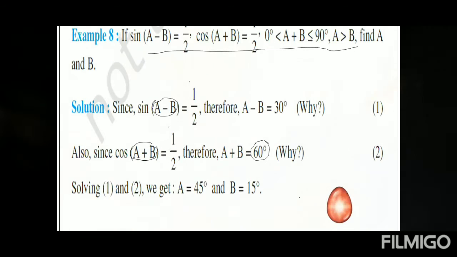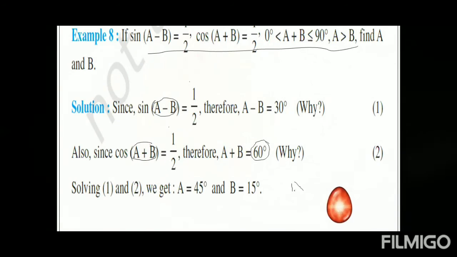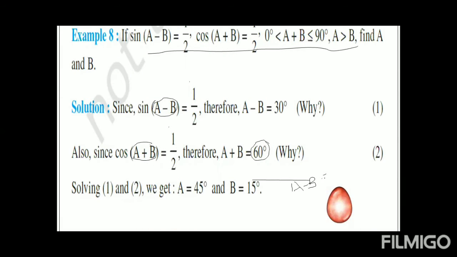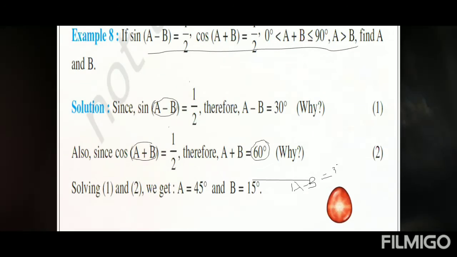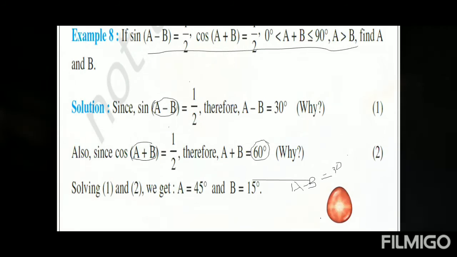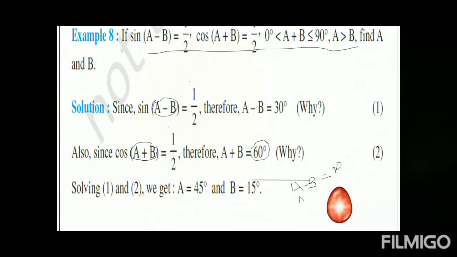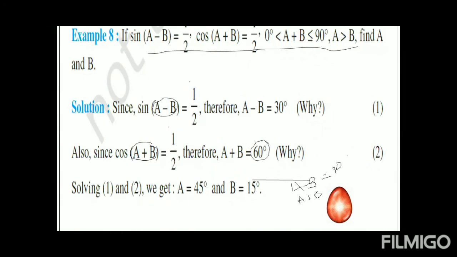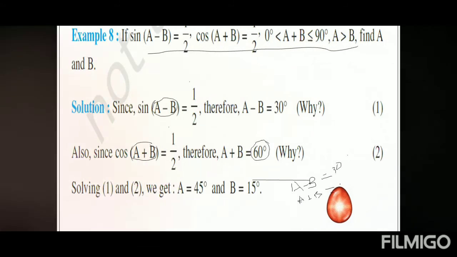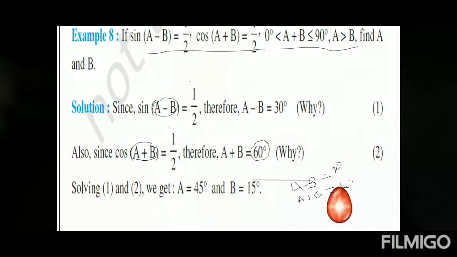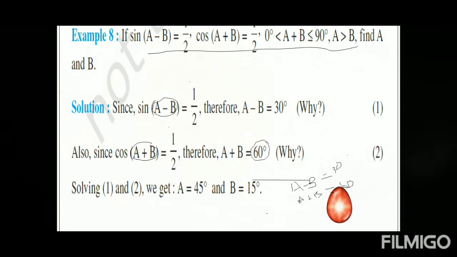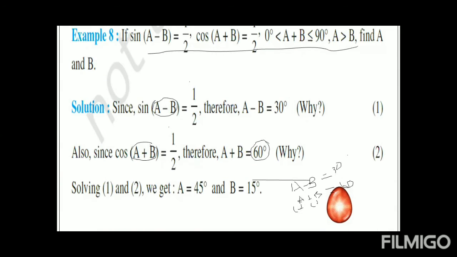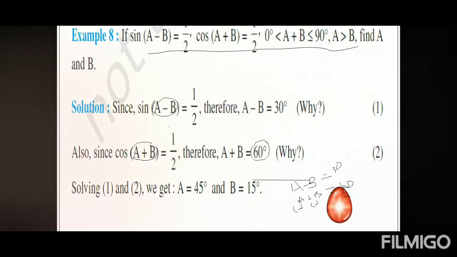By solving the question, A minus B equals 30 degree and A plus B equals 60 degree. Changing the sign, minus, minus, minus.